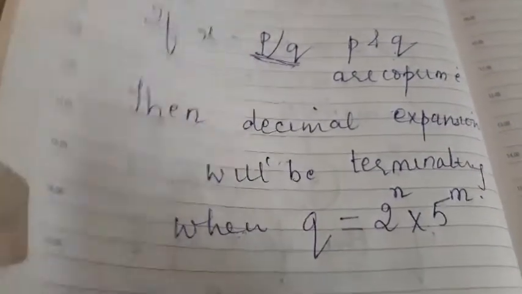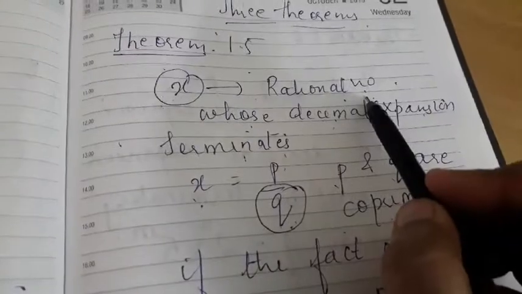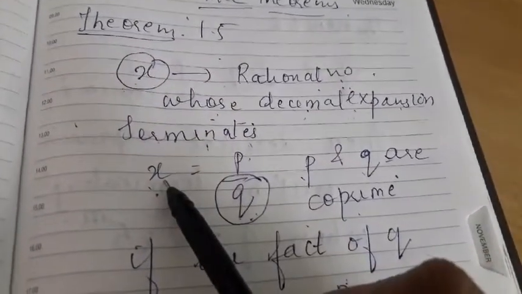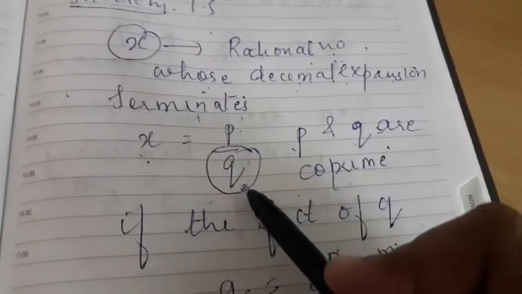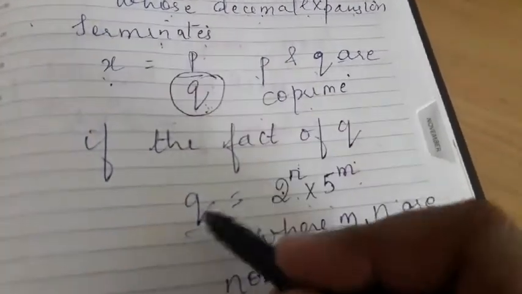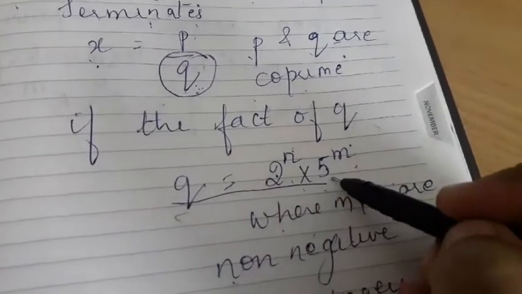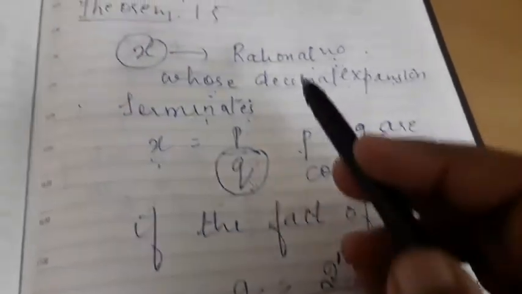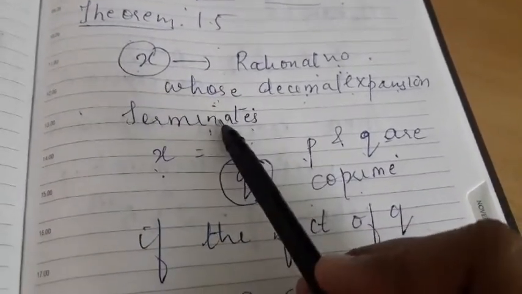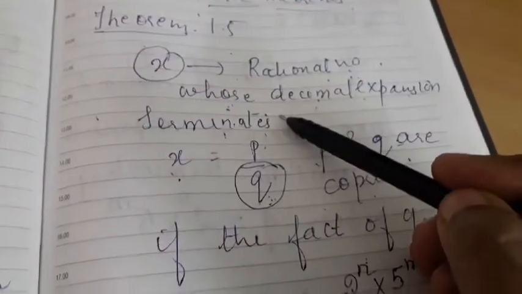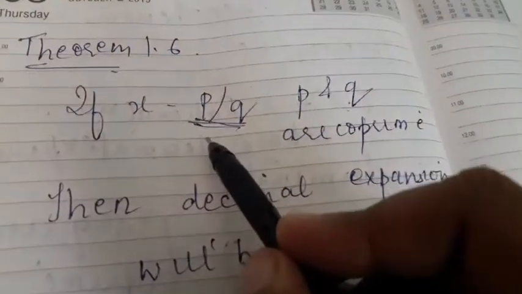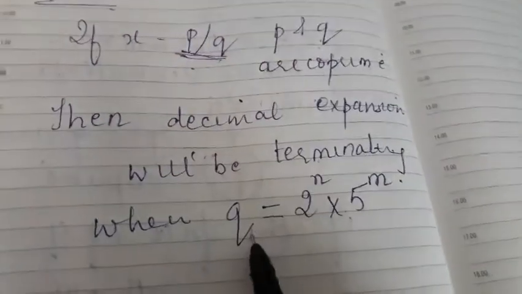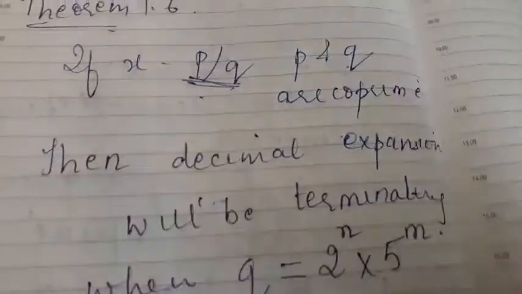In simple words, go back to the previous one. If x is any rational number that can be expressed as p by q, where q has a factorization of 2 to the power of n and 5 to the power of m, where m and n are non-negative integers, then the decimal expansion will be terminating. When this condition arises, the decimal expansion will be terminating. They are reverse of each other.